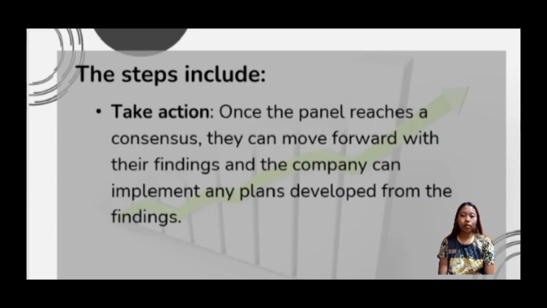Once the panel reaches the consensus, they can move forward with their findings and the company can implement any plans developed from the findings. Meaning, once the overall answer of the panel is reached, they then take action. The company adapts the findings of the panel to implement the plans developed from them.